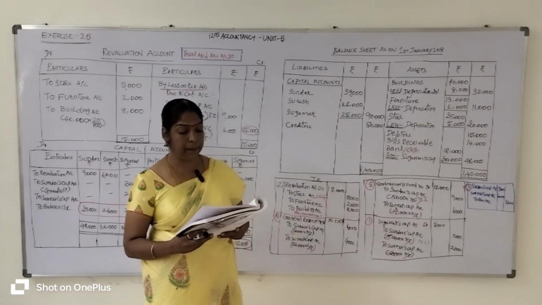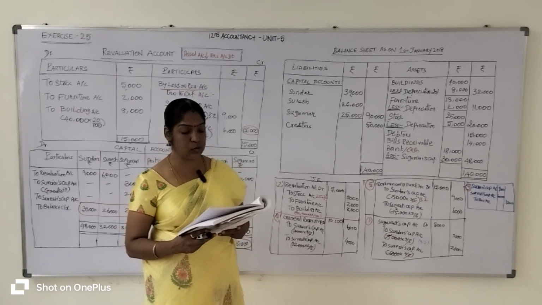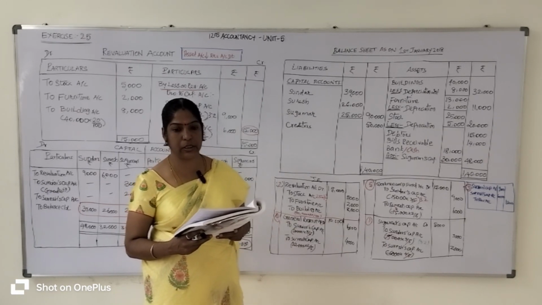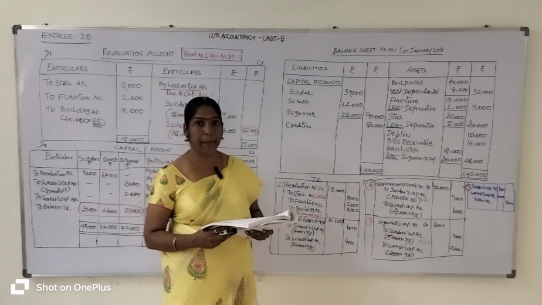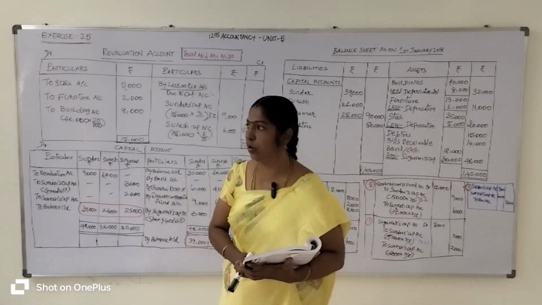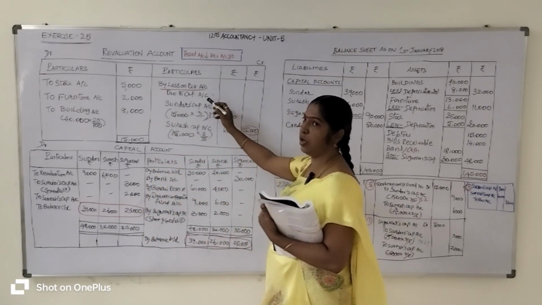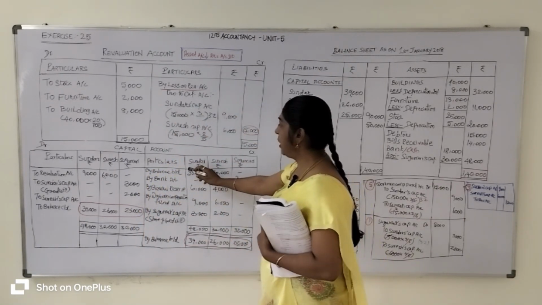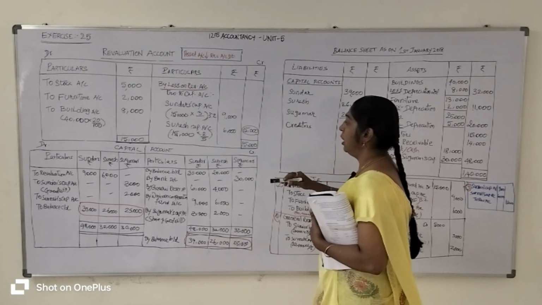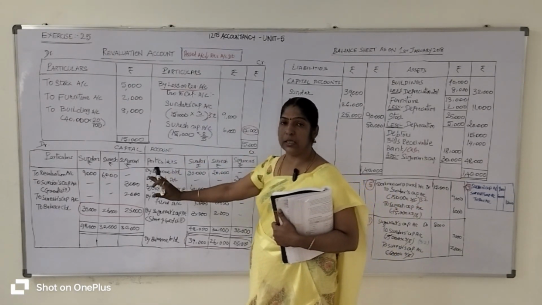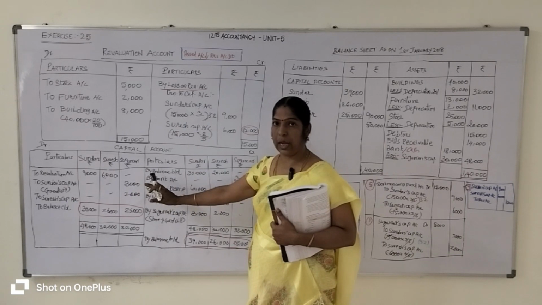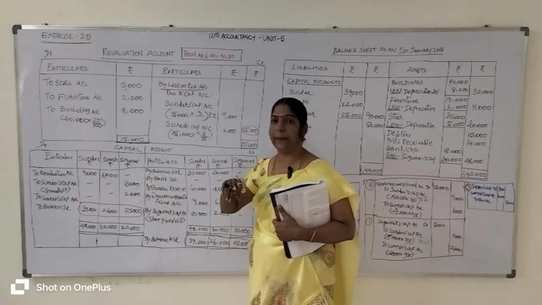Listen carefully. They have asked us to prepare the ledger accounts and the balance sheet after admission. That means we need to prepare the revaluation account, capital account and balance sheet. Even if they don't ask us to prepare the capital account, we need to prepare it. Why?